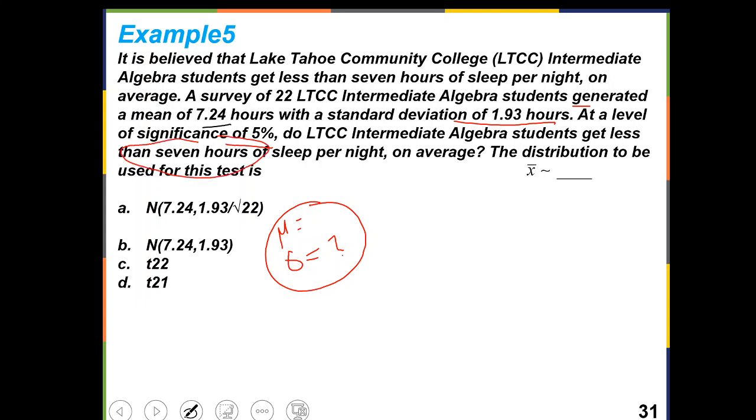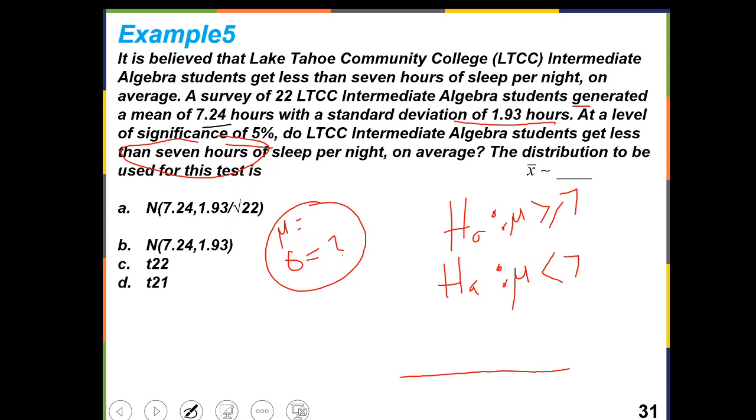So that means the alternative hypothesis is that mu is less than 7, so the null would be mu greater than or equal to 7. Okay, now this is a left tail test because of that.